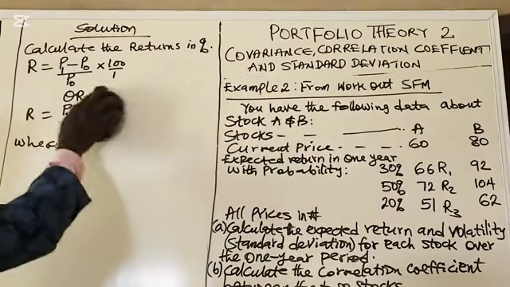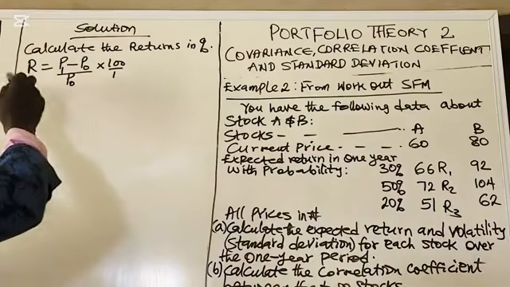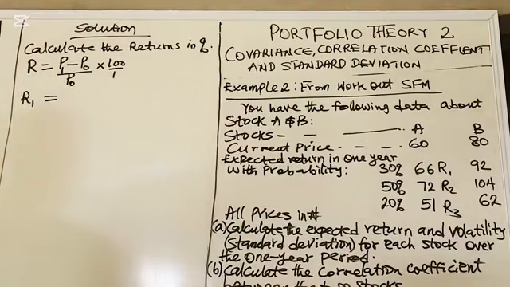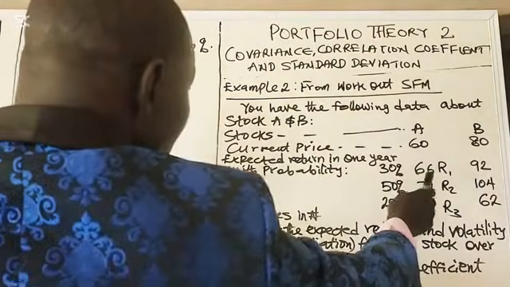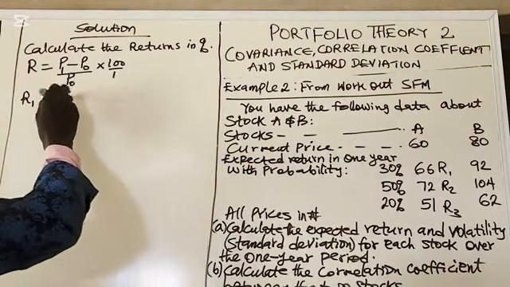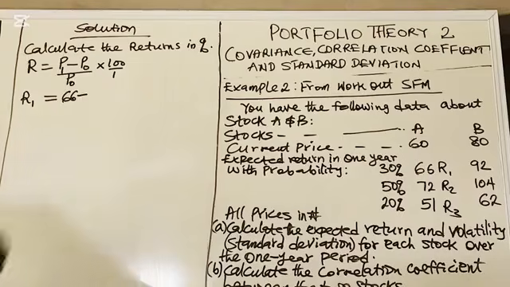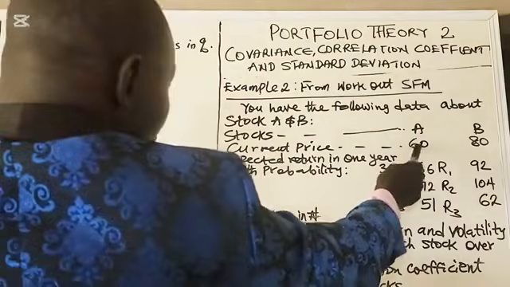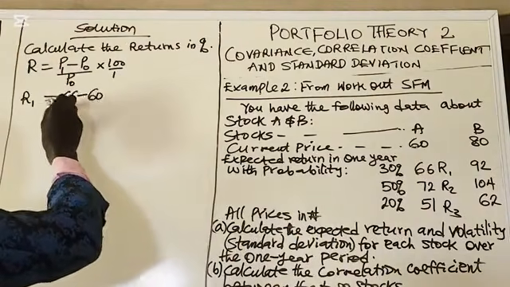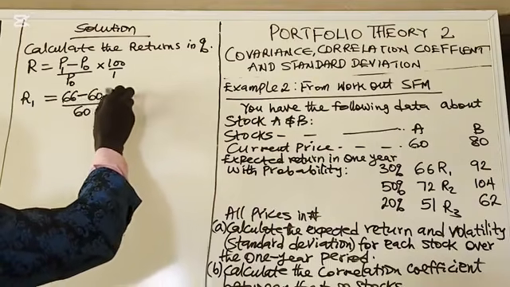Now for return 1, our P1 is 66, that is the future price, minus P0, P0 is 60, which is the current price, over P0, which is 60, times 100 over 1.